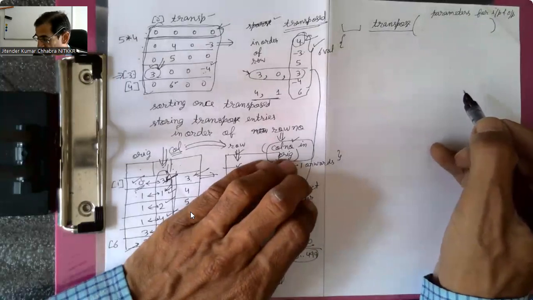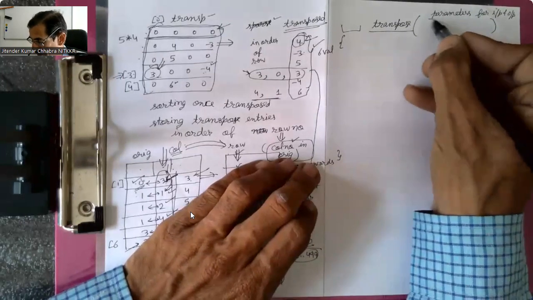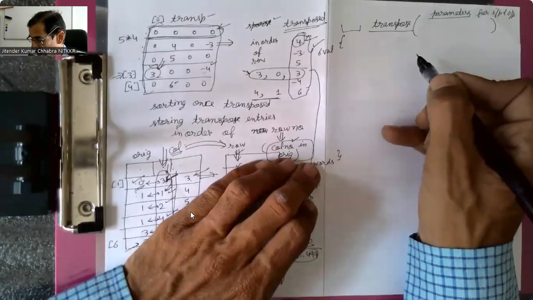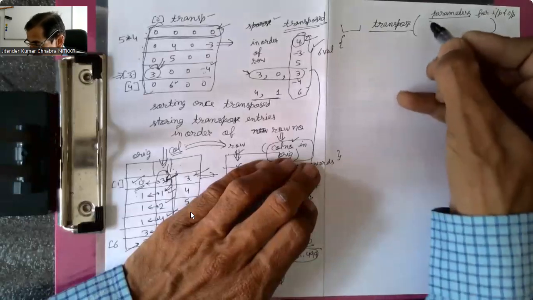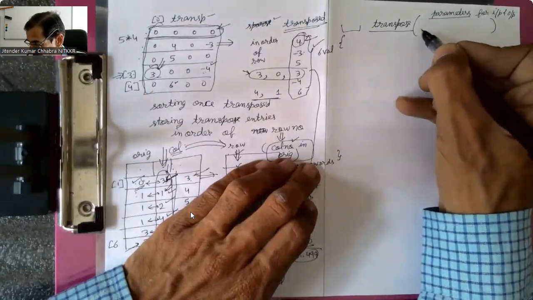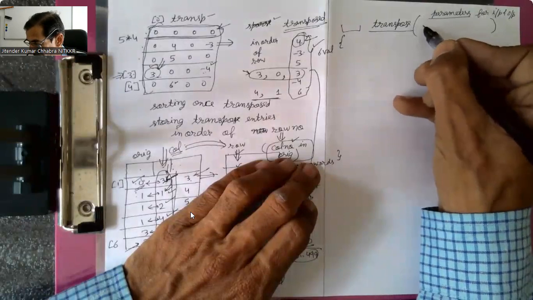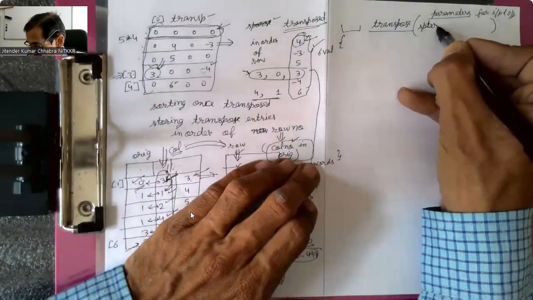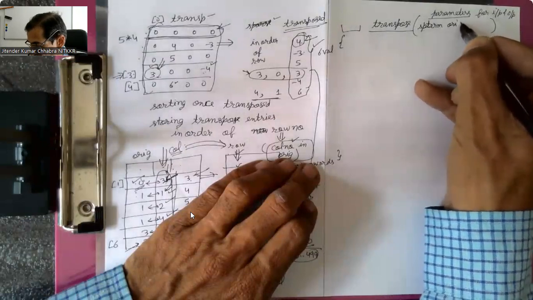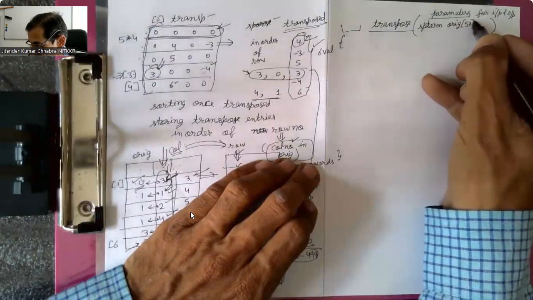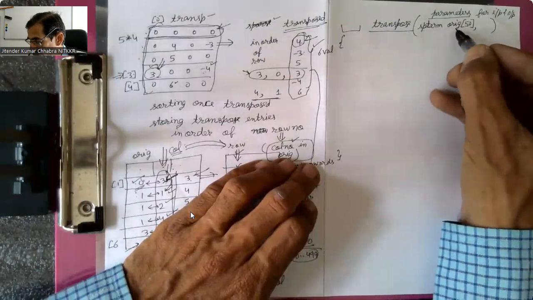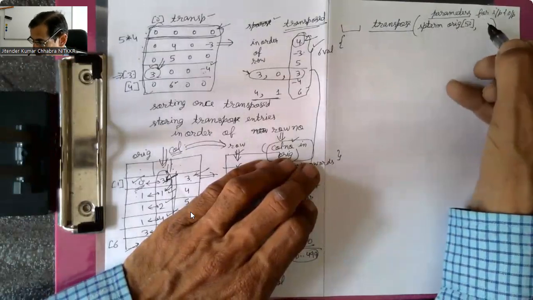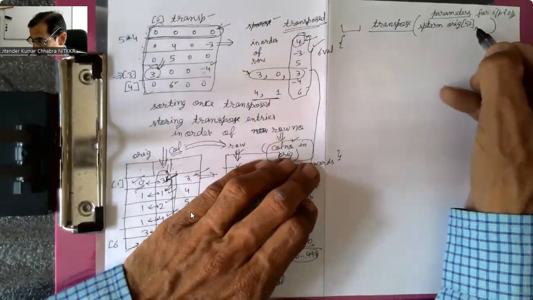First of all, the input and output parameters. What inputs does the transpose function need? It needs the original matrix, so I will say SP term original of size 50. The order of the matrix is already stored inside, so I need not store it explicitly.